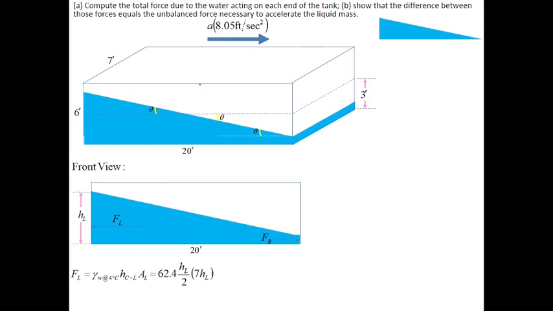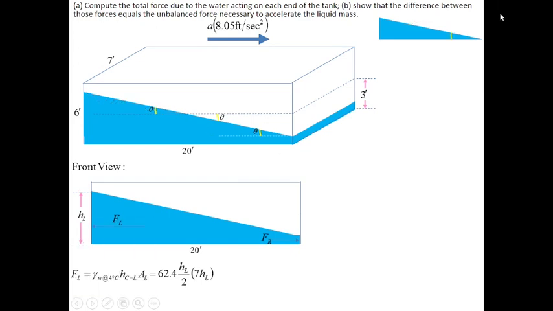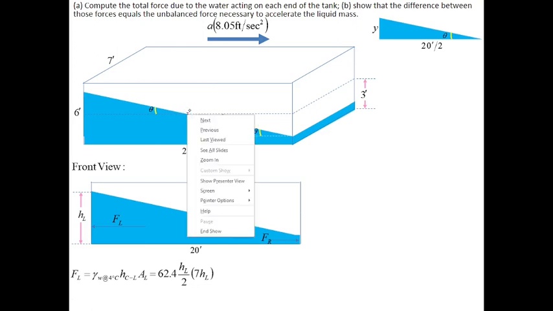Take note. Let's consider this part. Okay? This is it. So, if we consider that part, the theta, let's say this is y, the height there is y. And take note, this is the point of intersection.